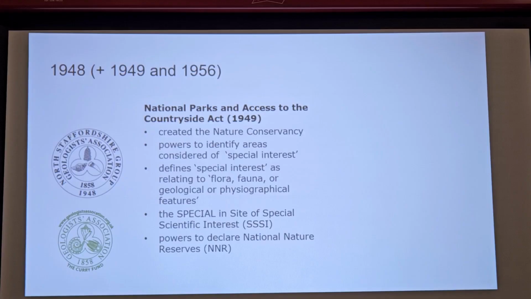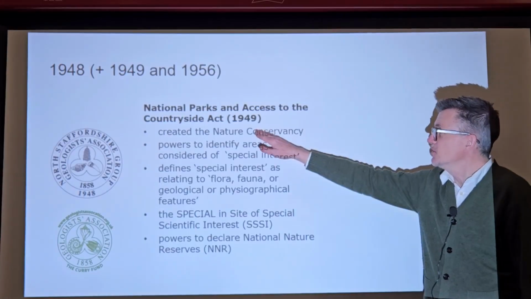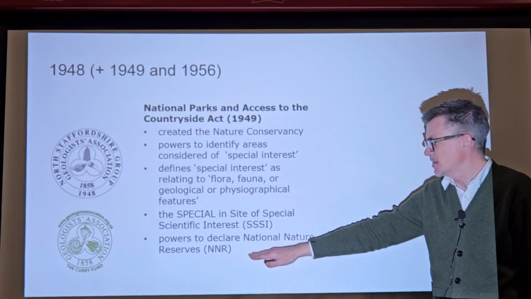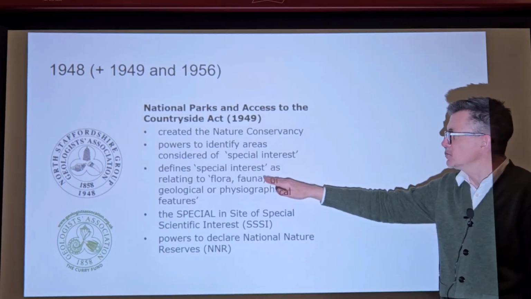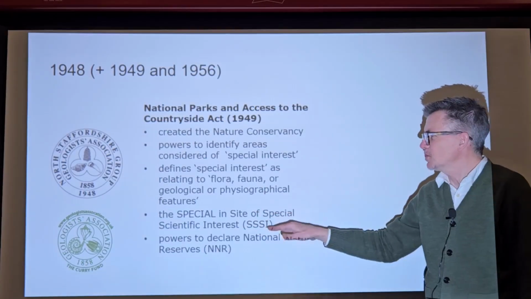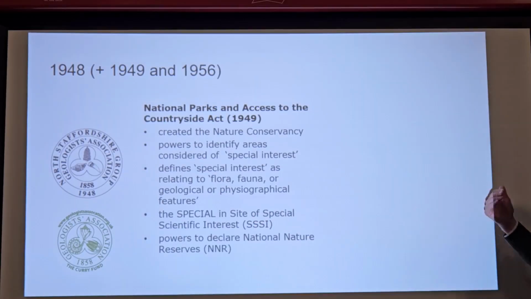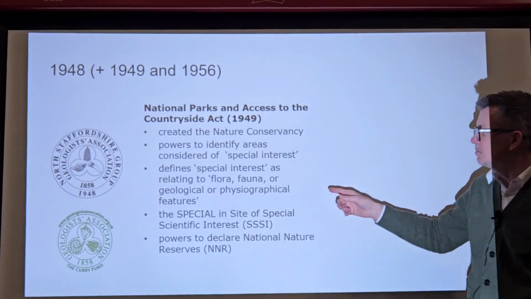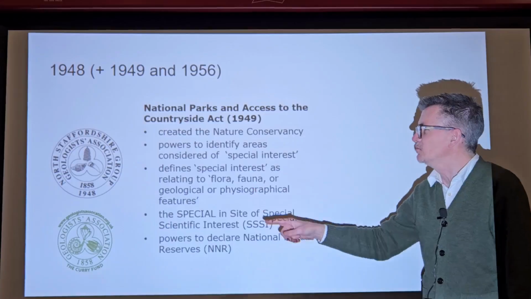And it also gave, and I'll come back to National Nature Reserves, it gave the Nature Conservancy and all subsequent iterations of the Nature Conservancy the powers to declare national nature reserves. And the special became the special in Sites of Special Scientific Interest. So when we talk about a Site of Special Scientific Interest, what we mean by special is something which is considered to be of special value for its flora, fauna, or geological or physiographical features.